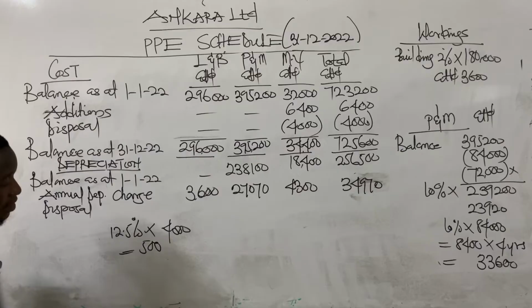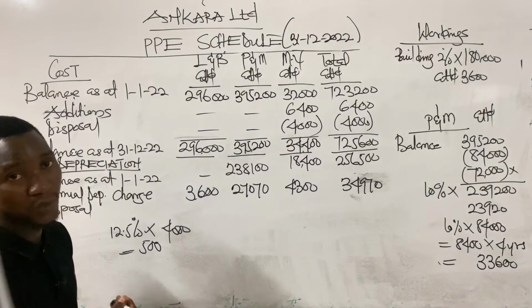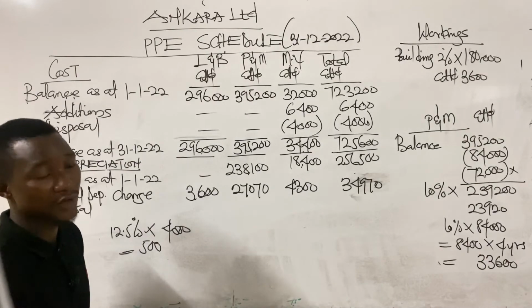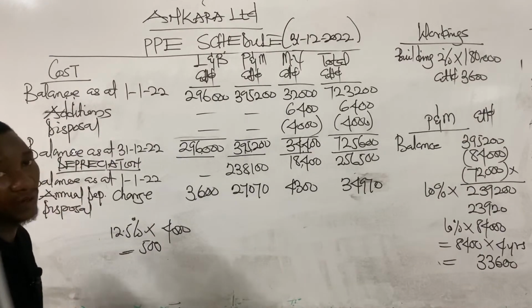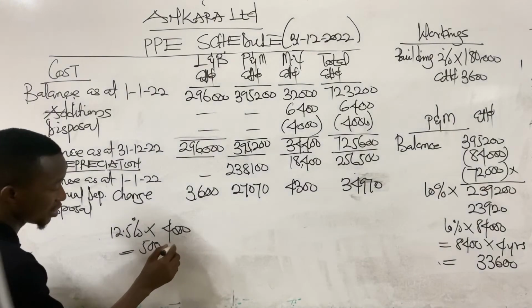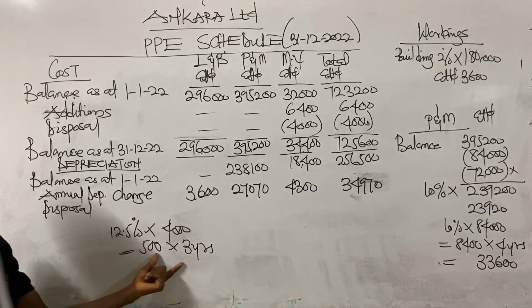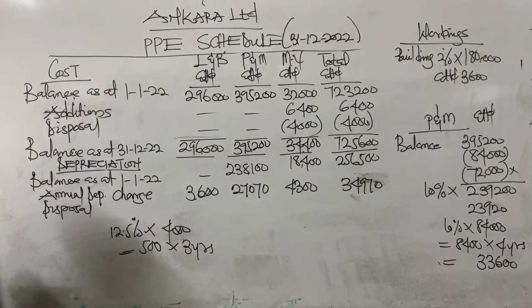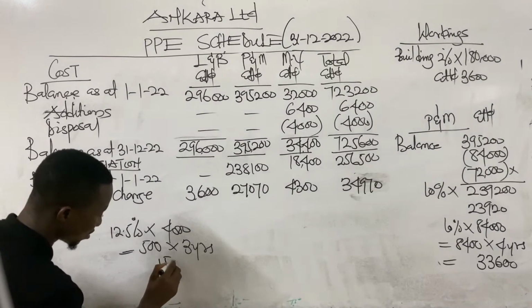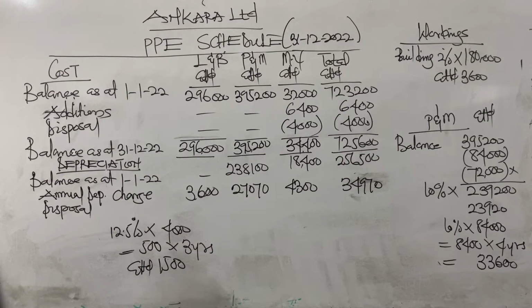But remember that this asset was acquired in July 2019 and it was disposed on 1st January 2022. That is a period of 3 good years. So this is the annual depreciation charge. To determine the accumulated depreciation charge, we multiply the annual depreciation charge by the 3 years, because it is in the business for 3 good years. And this will give us 1,500 Ghana cedis as the accumulated depreciation for the disposed assets.